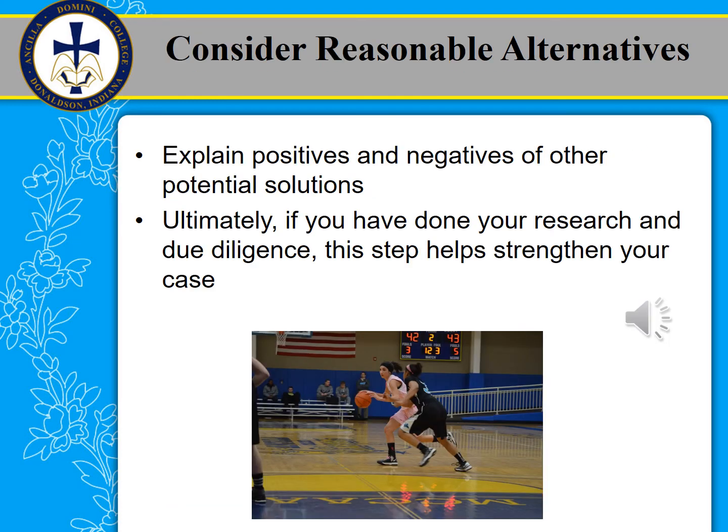One way to show that you've really thought this through is to consider reasonable alternatives and provide some information about that in your solution section. Part of this project might be looking at what different communities or other organizations have done, and how they've solved this issue or problem.